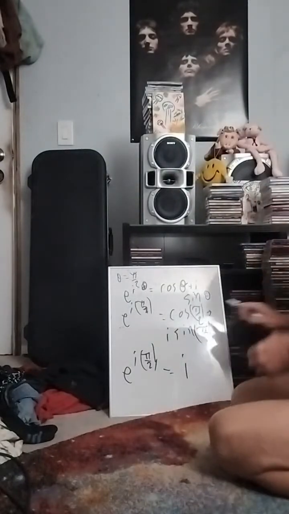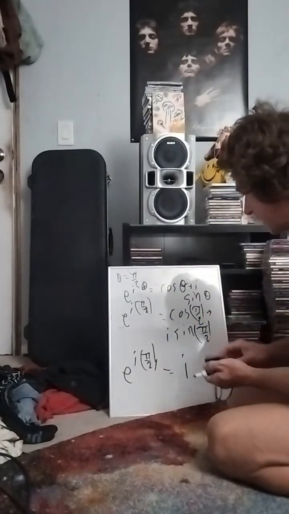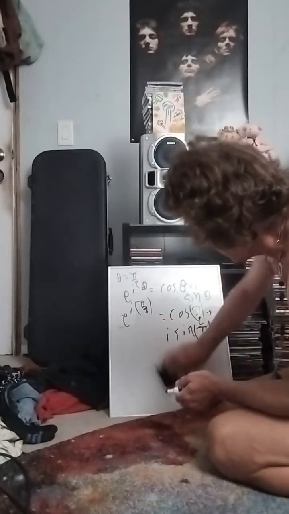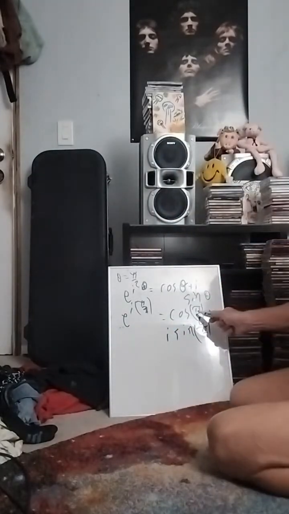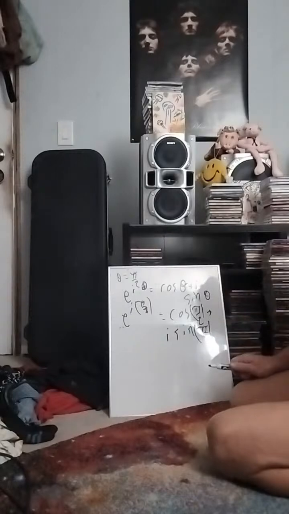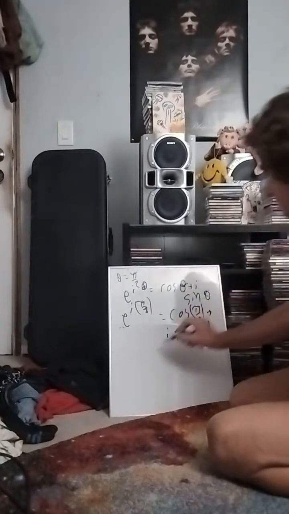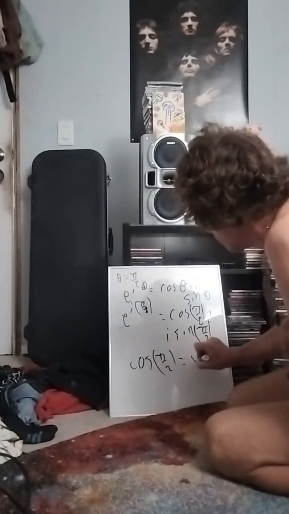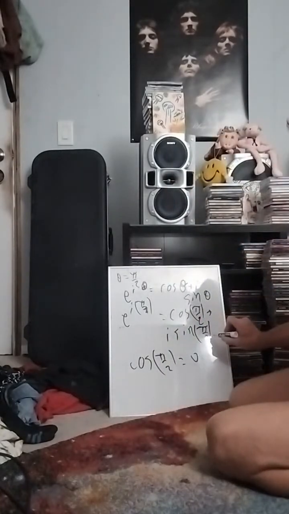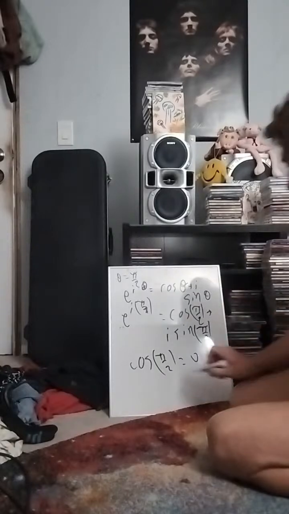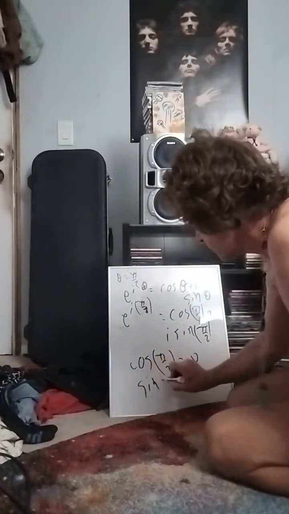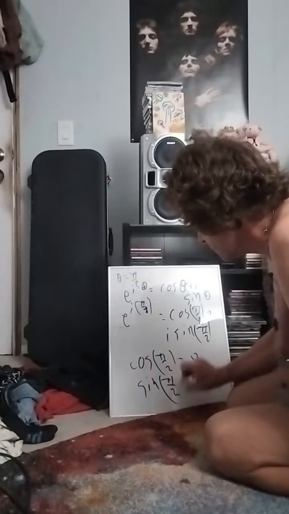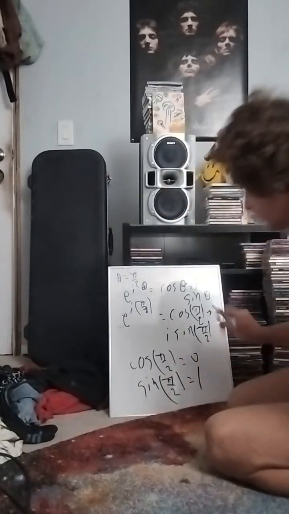Cosine pi over 2 equals 0, but the sine of pi over 2 is 1.